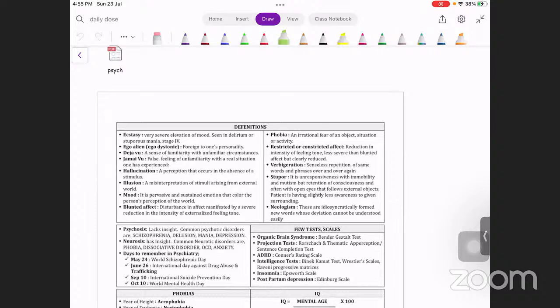Apart from that, a hallucination is a perception that occurs in the absence of a stimulus, and an illusion is a misinterpretation of a stimulus from the external world.